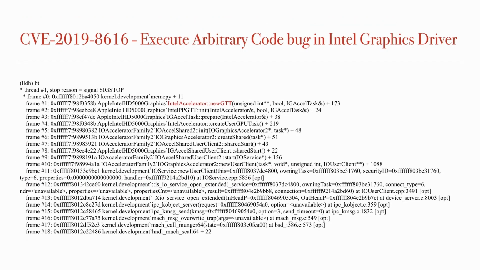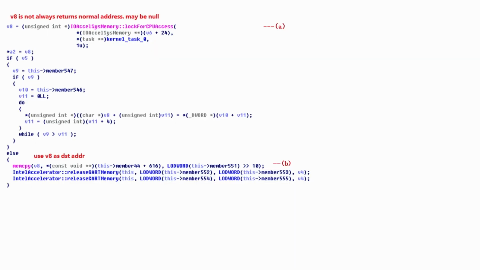This bug is found in the Intel accelerator driver, and the vulnerable function is the Intel accelerator new GTT function. This function can be accessed when connecting the user client with type 6. This is the pseudocode snap of the new GTT function.